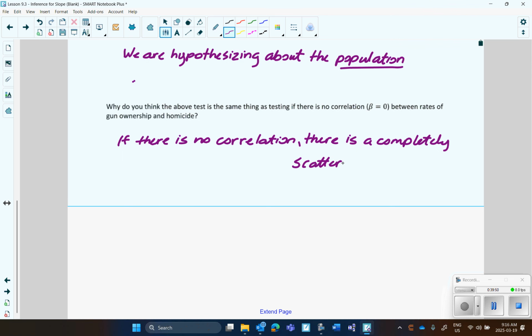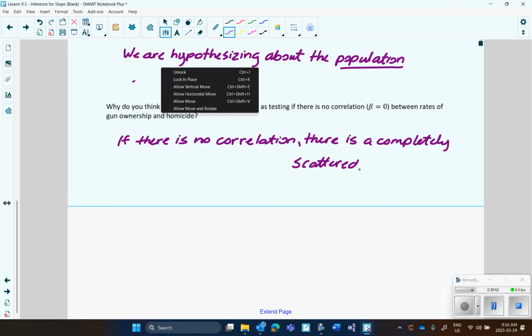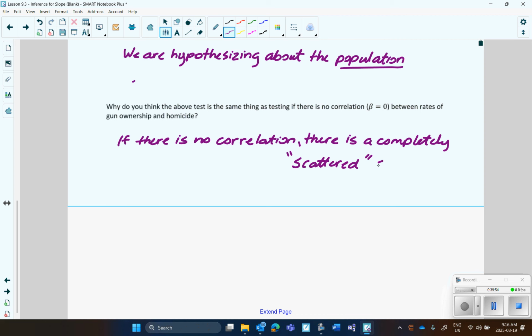Doesn't form any pattern. The dots just sort of look randomly plotted.